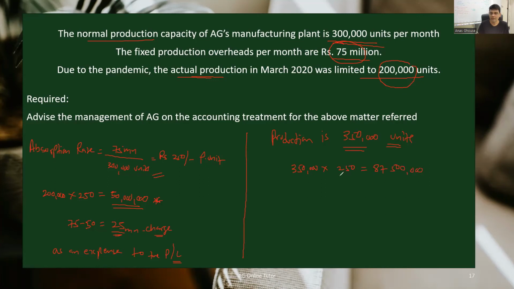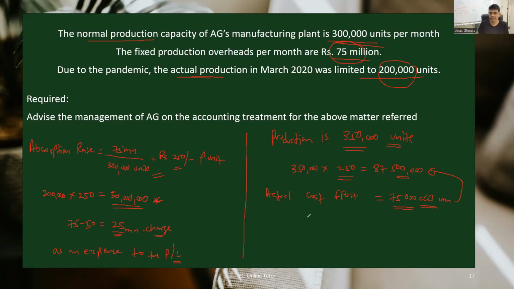You can't allocate at the rate of 250, which is based on the normal capacity, because your actual fixed production overhead cost is only 75 million. You can't allocate above the cost. You have not incurred this cost. The cost is 75 million. So this 350,000 units should absorb only 75 million.